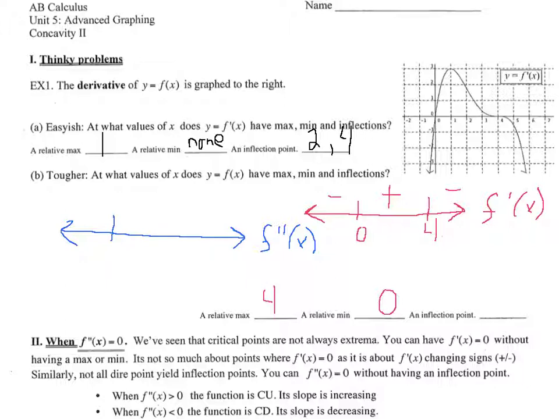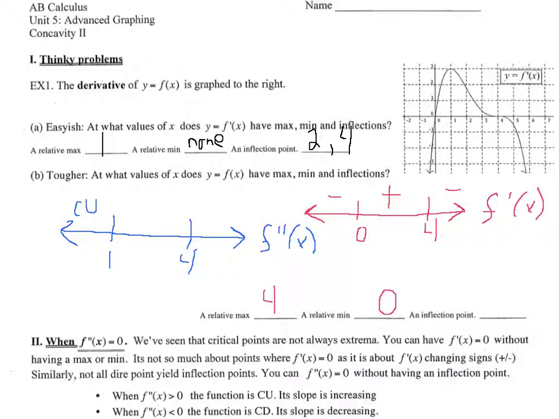One of them is at 1, and the other is over here at 4. And then to the left of 1, these are all positive slopes. So if we have positive second derivative, that means that we are concave up.